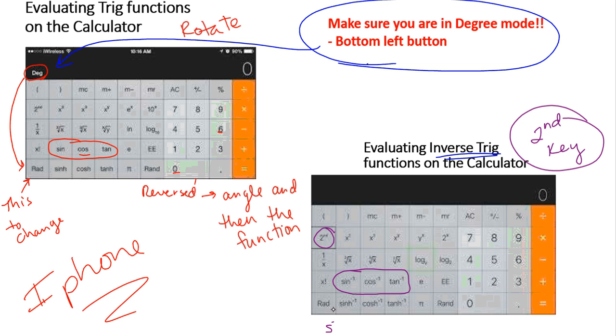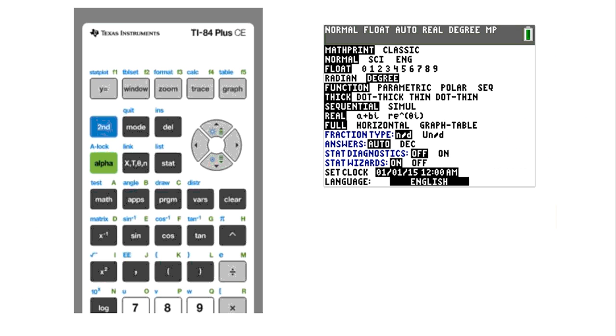So it'll say sine like normal, but then all of a sudden it'll say with a -1 up there. And then also cosine with a -1. That -1 right there stands for inverse, and that's actually what you're going to use to find the angles in a right triangle when you're given only two sides. So that's the iPhone calculator, but again, I imagine some of the other phones have similar functions.